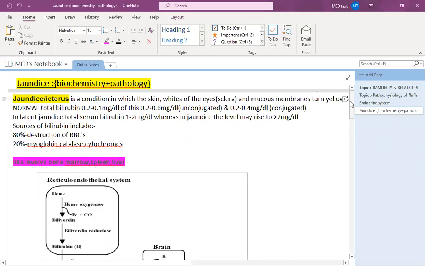So cytochromes, the electron transport chain, cytochrome oxidase, and all. So please remember 80% and 20%, the source being these two.